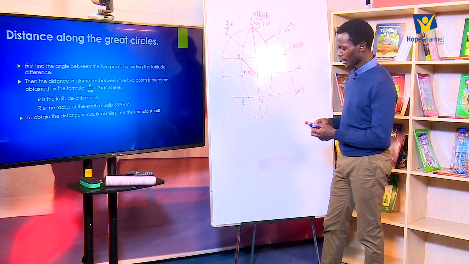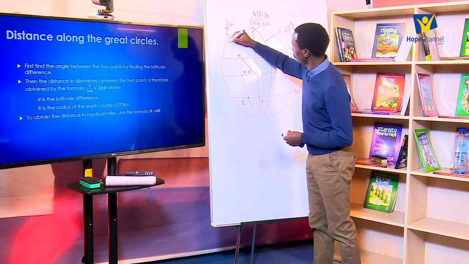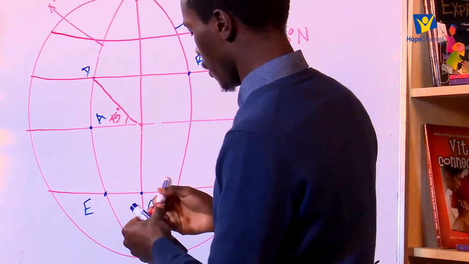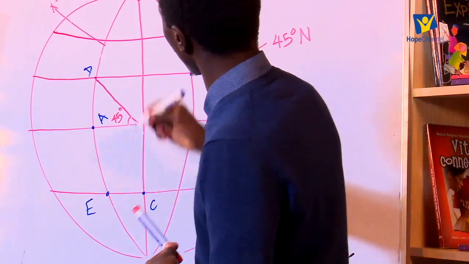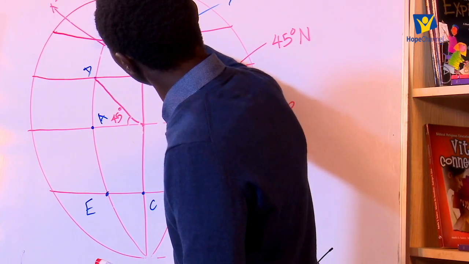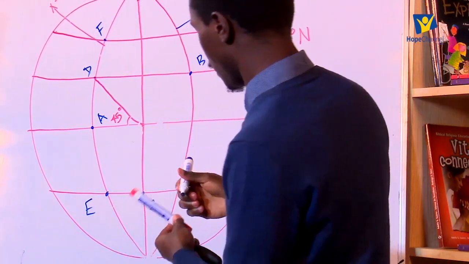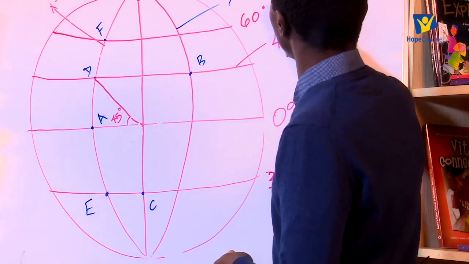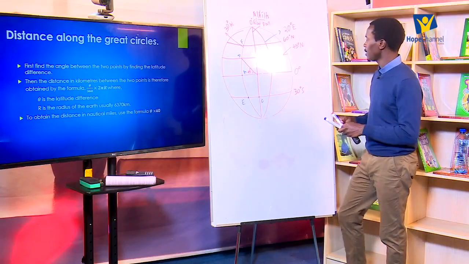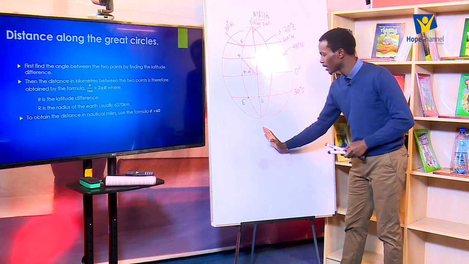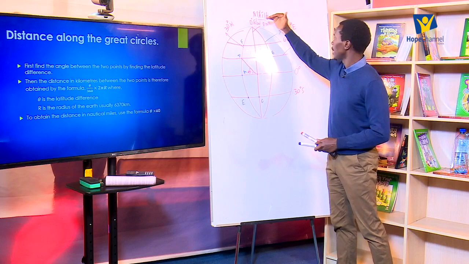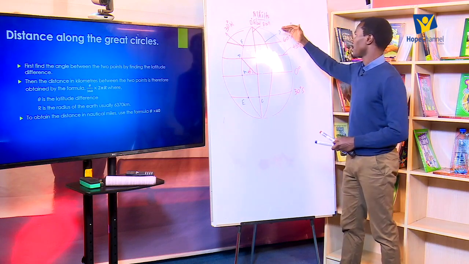Now, what if we had another latitude? We have the point F here, which is, say, 60 degrees north. Always know that these latitudes, the farthest they can go south is 90 degrees south, and up is 90 degrees to the north.